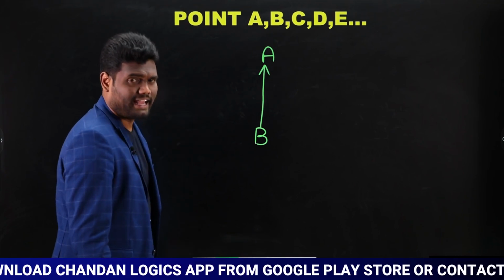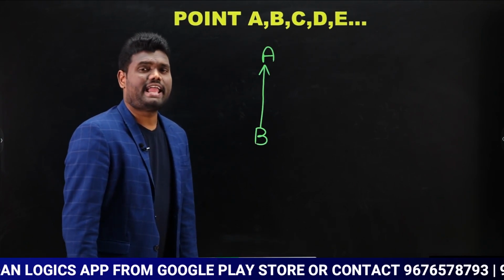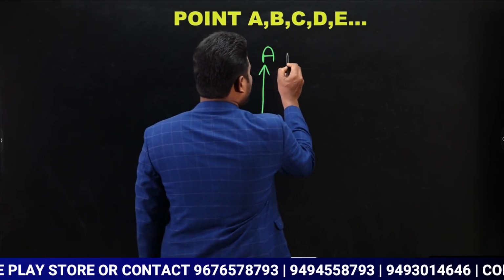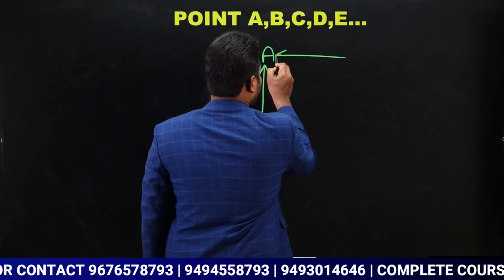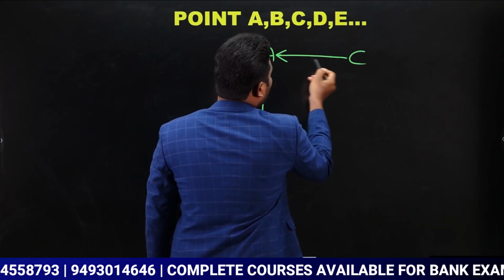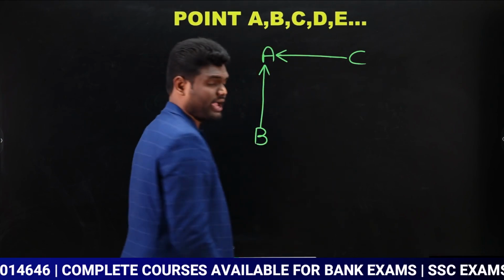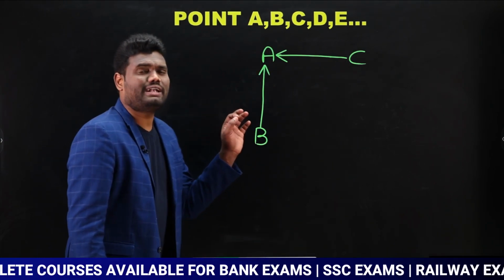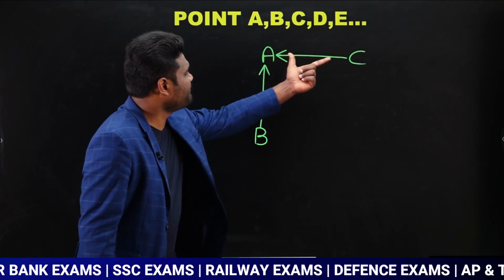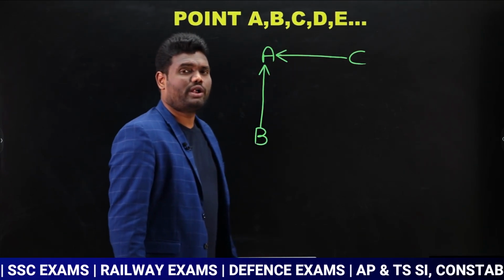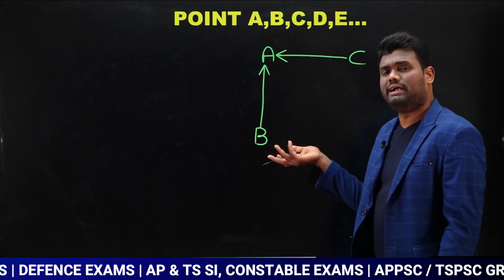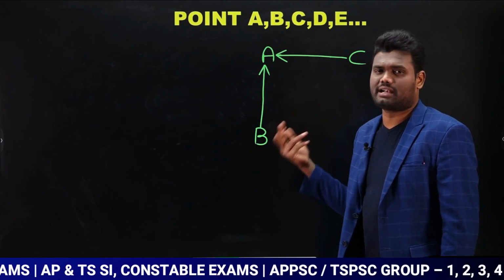Is that clear? Next, A is to the west of C. So A is going to be to the west. If this is C, A is going to be towards the west of C. Now observe here, whenever you are dealing with these type of questions, if distance is not mentioned, we are going to take a constant distance, that is 2 meter, 5 meter, 10 meter.